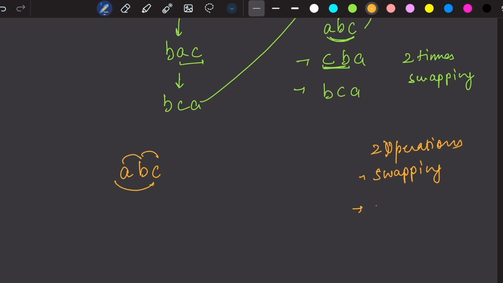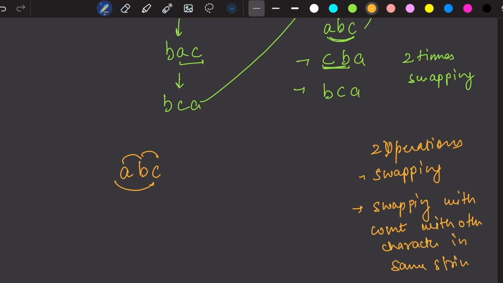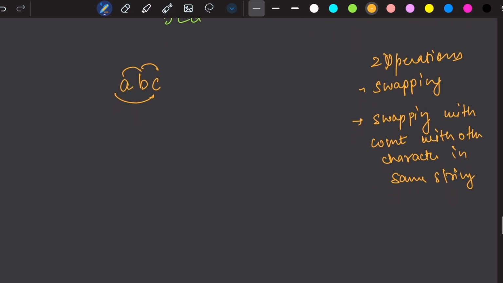Second is again swapping with count, basically swapping the count with another character in the same string. So the other string can be this, BAC. The BC is already given, it can be ACB, anything can be possible.